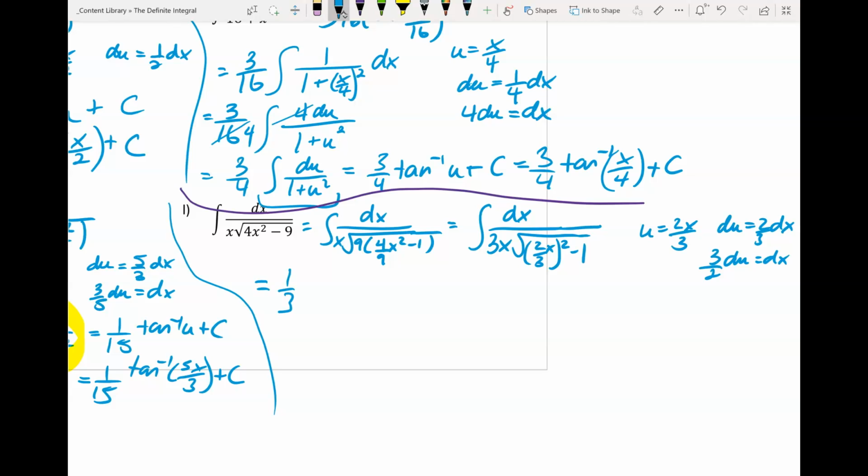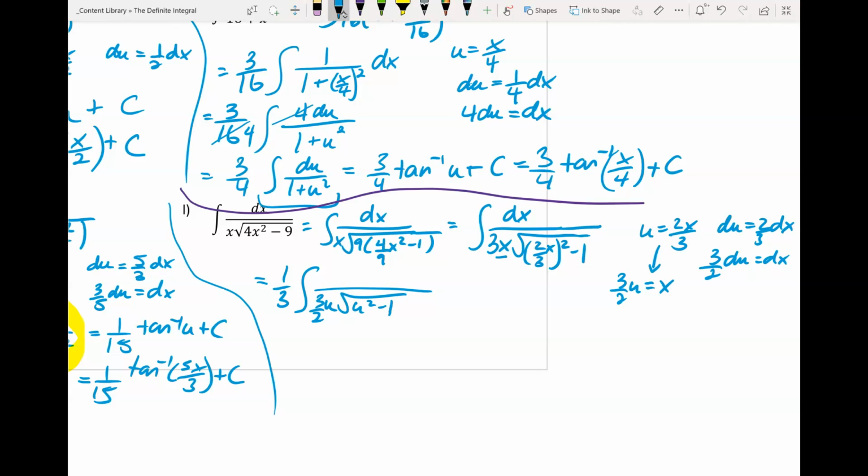You can move the third to the front. So now I'm going to do some replacing. I'm going to move this a third to the front of our integral. And we do have this x over here to consider, so I'm going to rearrange this so I know what to replace x with. x is going to be replaced with 3 over 2 u. Then we have the square root of u squared minus 1.